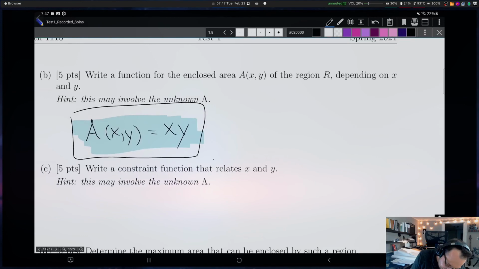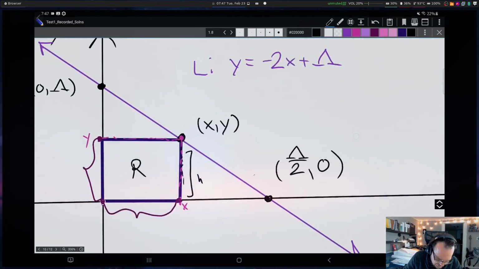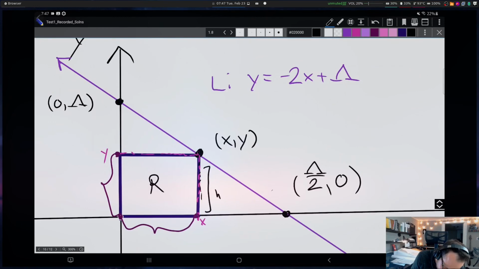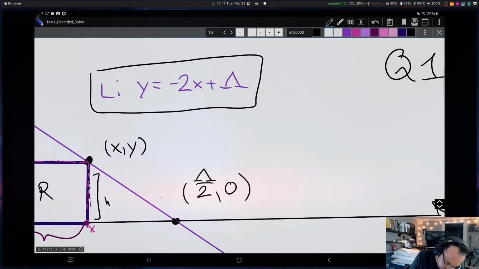But the thing to key in on here is, is there any relation between x and y? So let's go up here to the picture. Here's my point, x, y. We can see that because it's on this line L, they actually have to be related in a very specific way. If I have this point x, y, x is whatever, but then the y is exactly this other point.